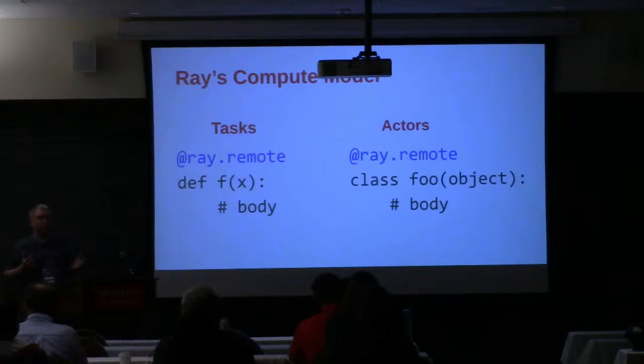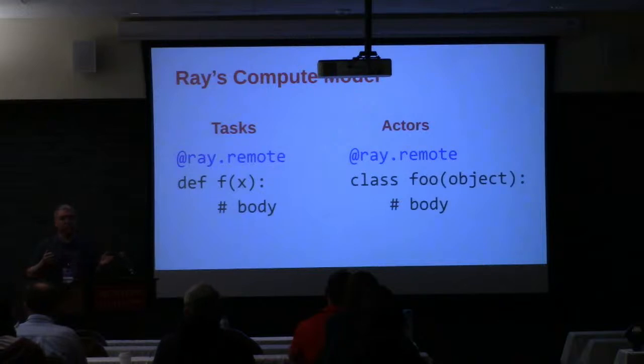If you have any kind of Python function, you can simply add this @ray.remote decorator, and Ray will wrap it in some parallelizable code. And similarly, if you have a class, you can do exactly the same decorator. And now you have something you can deploy into Ray as a running service-like object.